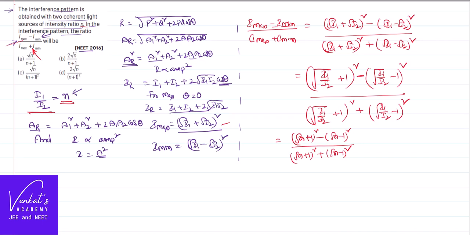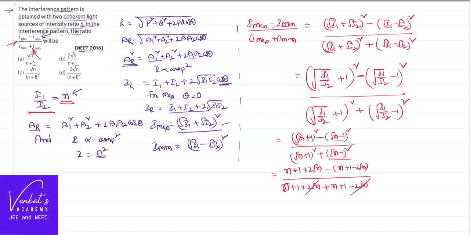If you simplify this, root n square is n, and a plus b whole square is a square plus b square plus 2ab: n plus 1 plus 2 root n, minus n plus 1 minus 2 root n, because it's a minus b whole square. The same in the denominator: n plus 1 plus 2 root n plus n plus 1 minus 2 root n.